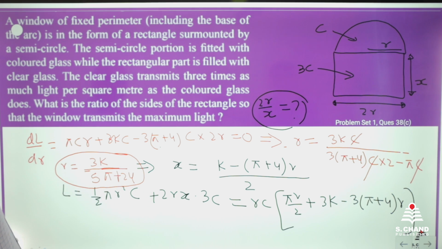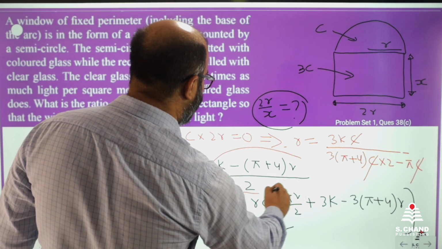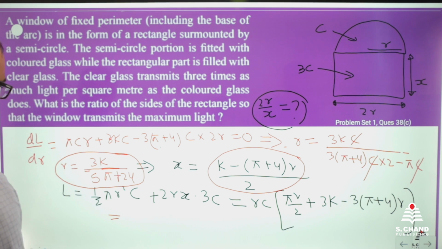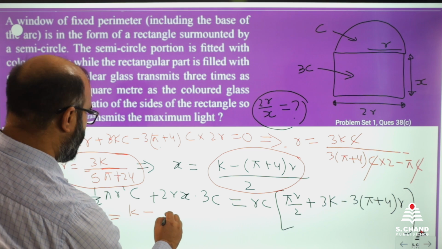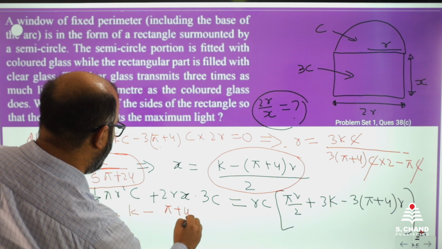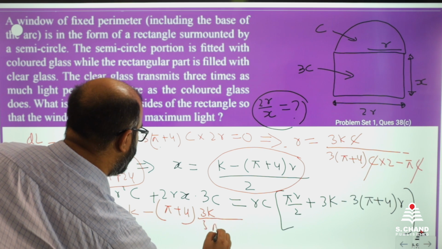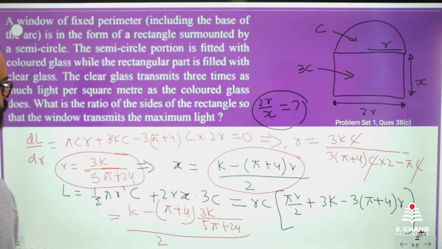Now you have to find the ratio 2r by x. What is x? X is this one. So if you calculate x, you will get (k minus (pi plus 4) into 3k by (5 pi plus 24)) upon 2.